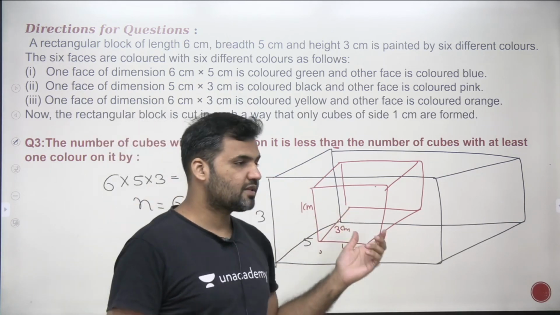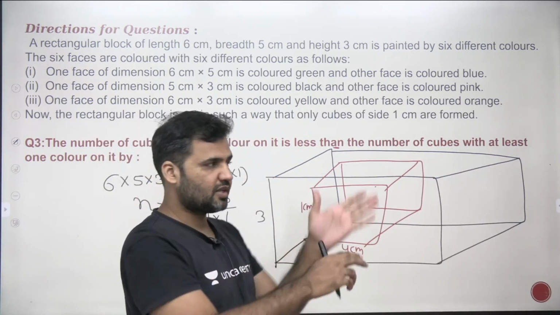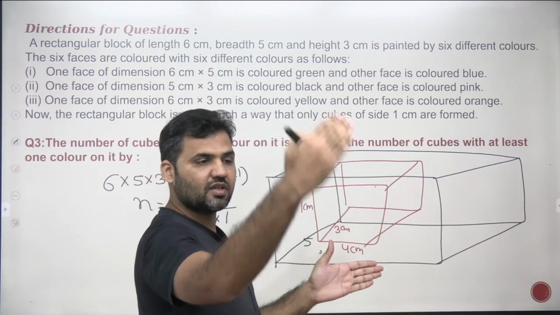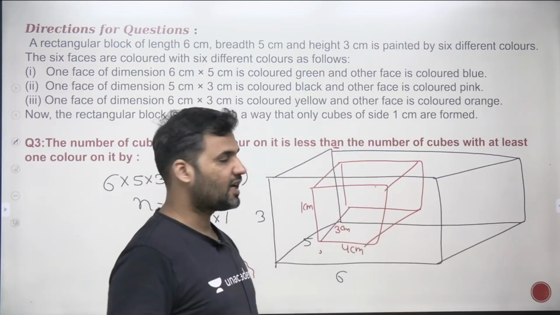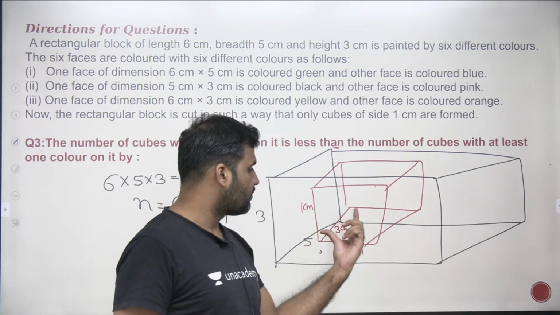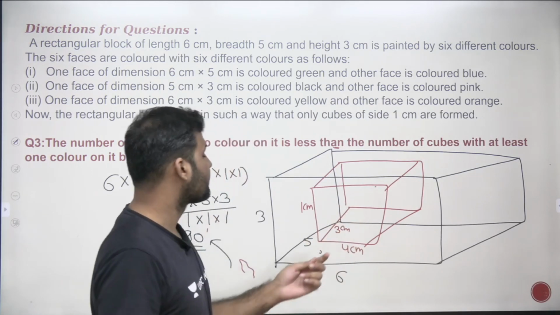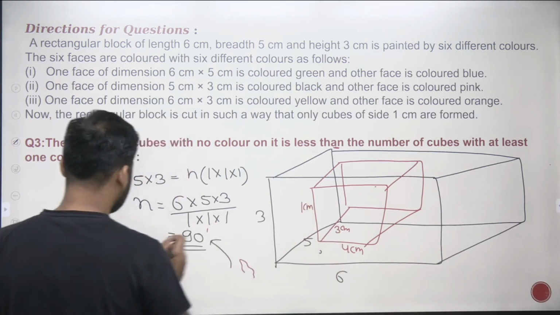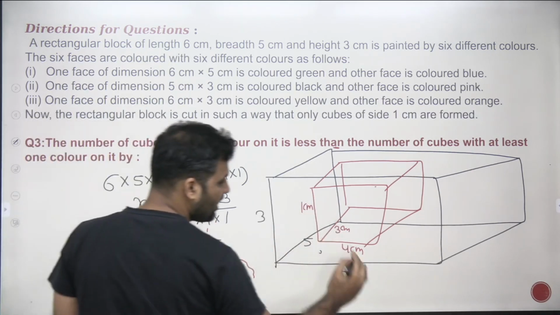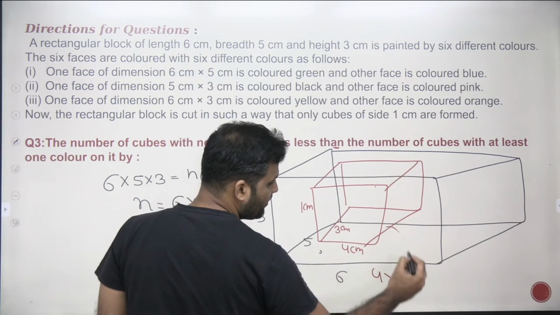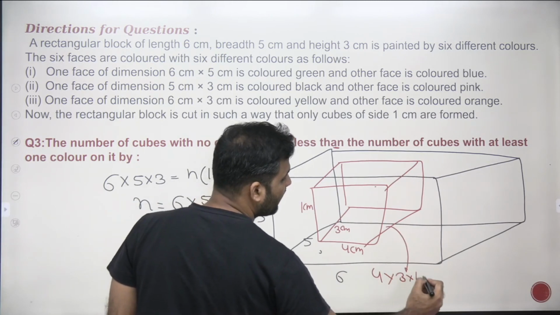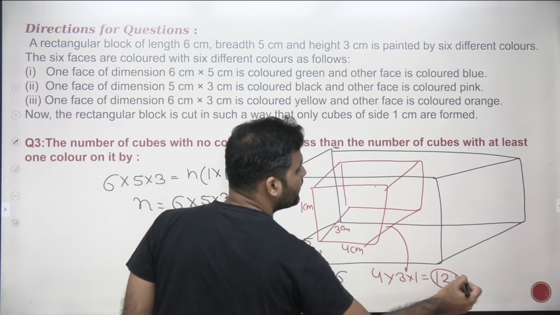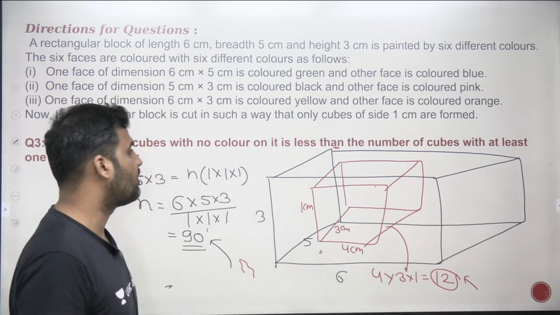Similarly, widthwise, the width is 5 centimeter, with 1 centimeter cut from this side and 1 centimeter cut from this side, inside you will have a width of 3 centimeter. Now what is the total number of cubes you will get from it? 4 into 3 into 1, that is 12. These are the 12 cubes which will not have any side painted.